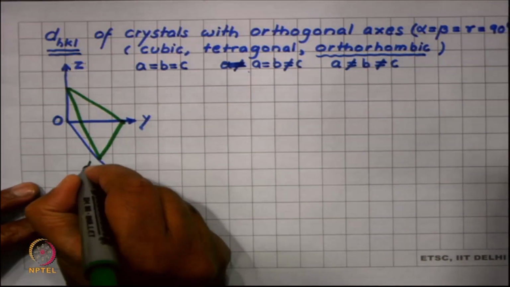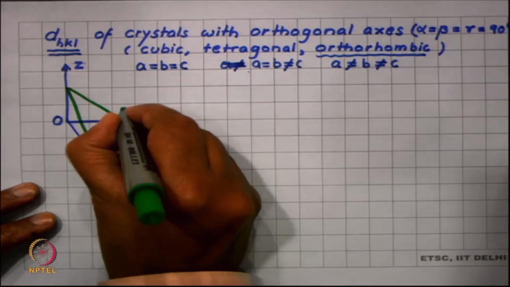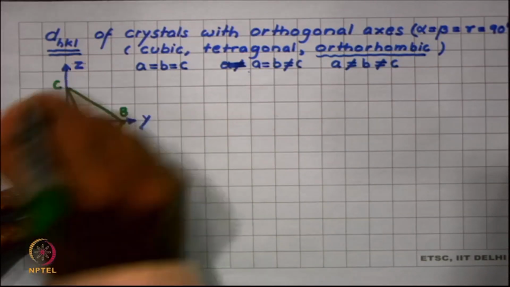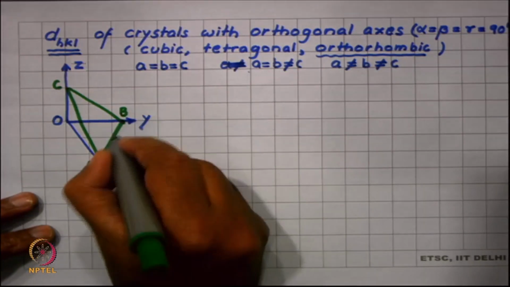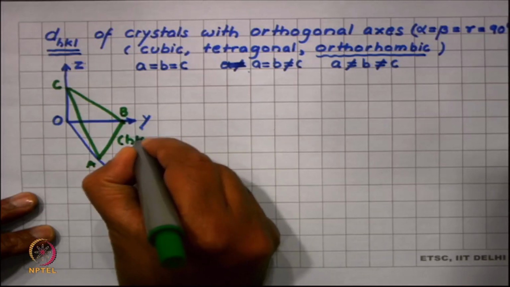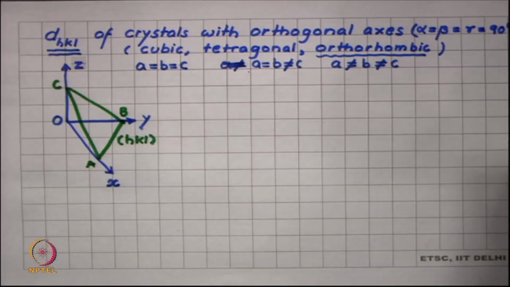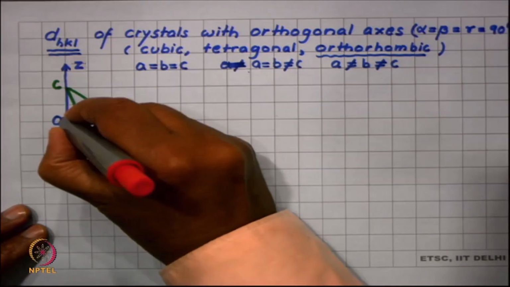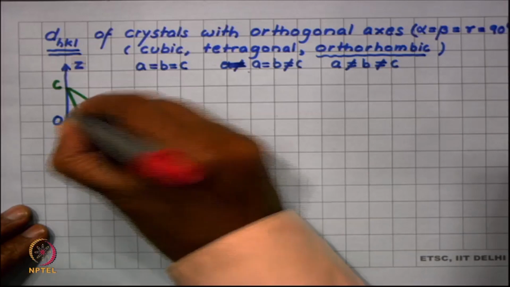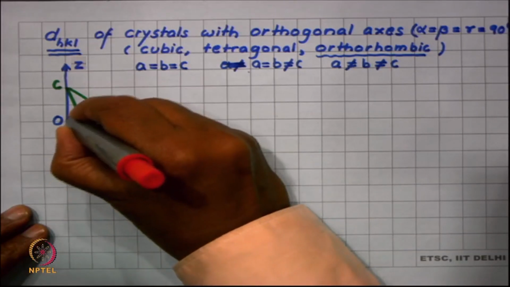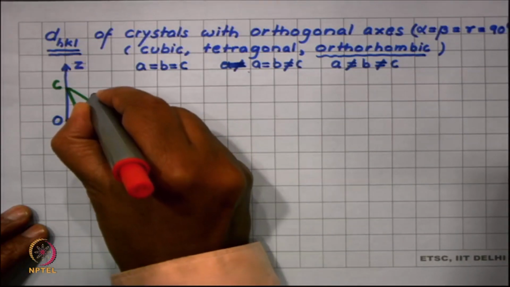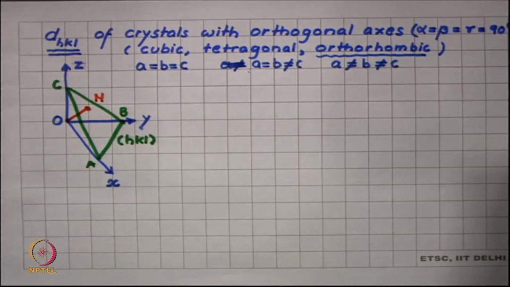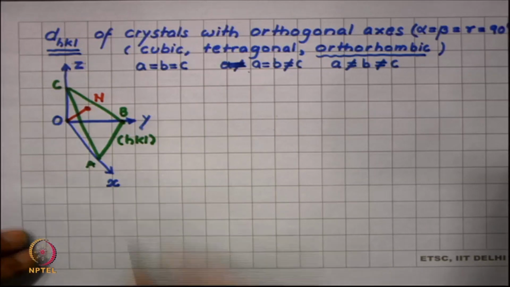It intersects the x axis at A, y axis at B and the z axis at C. So, ABC is my hkl plane, and like in the last exercise for finding the plane normal, we drop a perpendicular ON onto the plane.